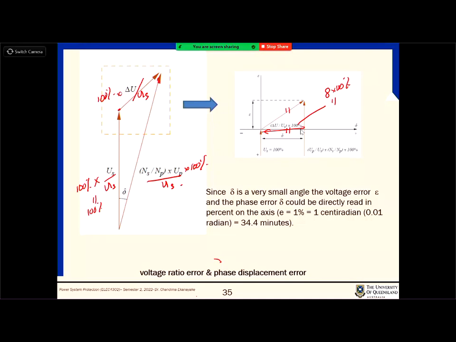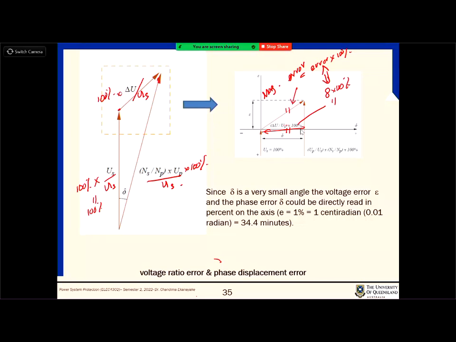There is an error, but this one and this one are almost equal, which means that here the magnitude error is also a certain percentage error. So I will call it error times 100%. So you can see that these two are the same.